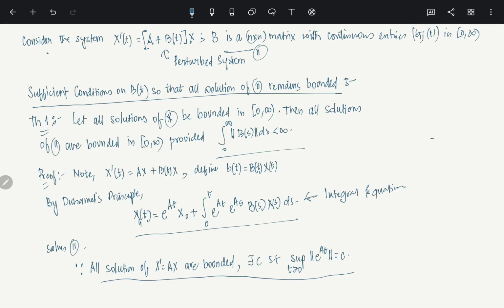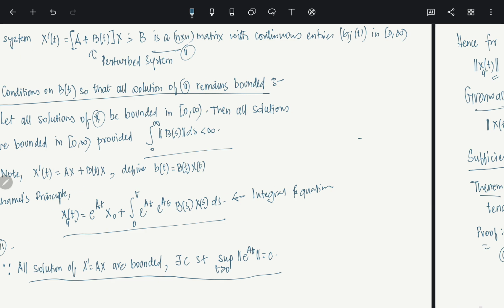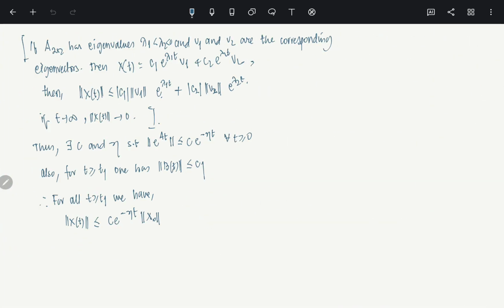If you take the norm, e to the power At is dominated by c times e to the power minus eta t, and the norm of x naught. Then I have again this term: the integral from 0 to t of c times e to the power minus eta t minus s, norm of B of s, norm of x of s ds. Clear?